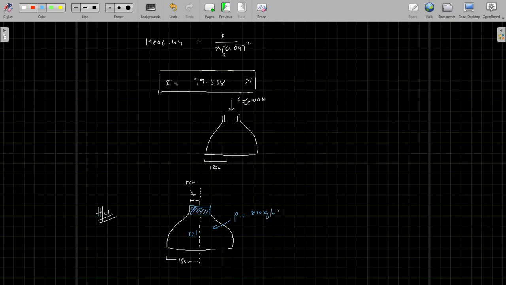By the way, this is 20 gram and its radius is, as I've already given you, 5 centimeter. This is 15 centimeter and the height is 30 centimeter.